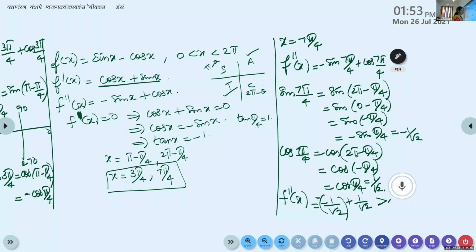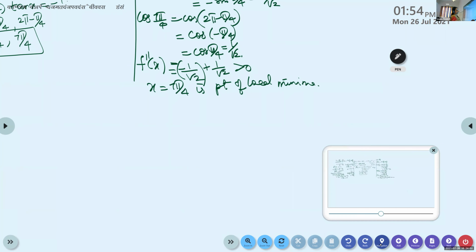So it is positive. Therefore x equal to 7 pi by 4 is a point of local minima. Therefore what is the minimum value? What is the minimum value?